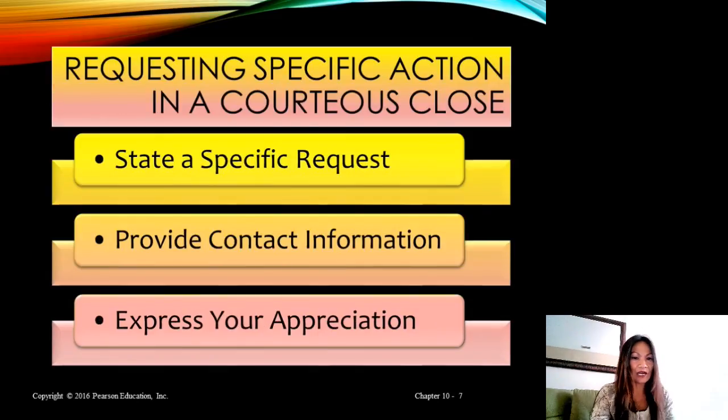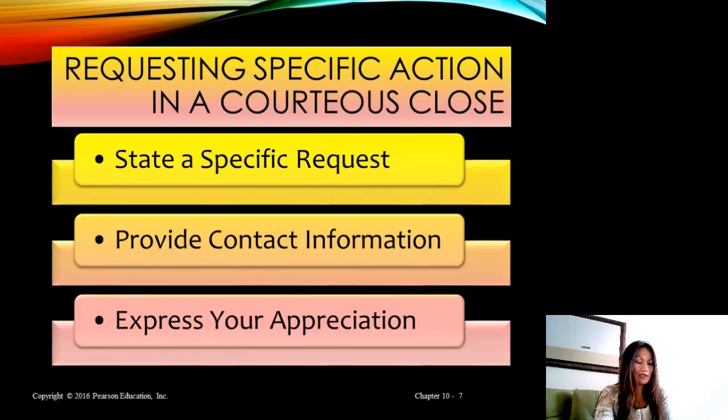Requesting specific actions in a courteous close. Close your message with 3 important elements. A specific request that includes any specific deadlines and information about how you can be reached. Then express appreciation or goodwill, and conclude your message by sincerely expressing your goodwill and appreciation.